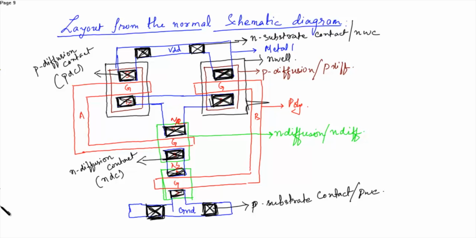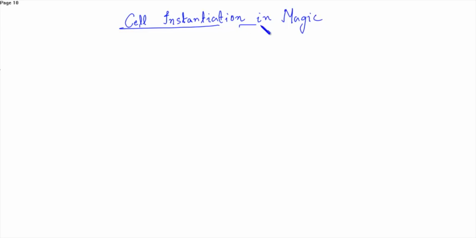Now let's see another procedure for drawing this, that is using the cell instantiation process in layout. In Magic, we can use cell instantiation, since we'll be drawing the layout in Magic.